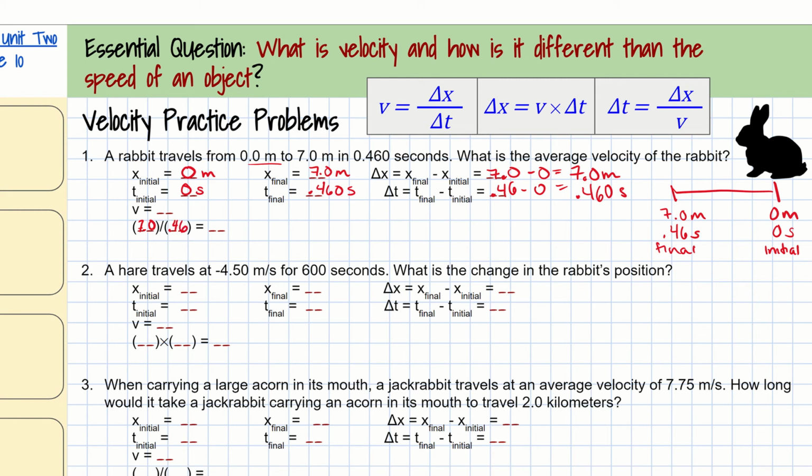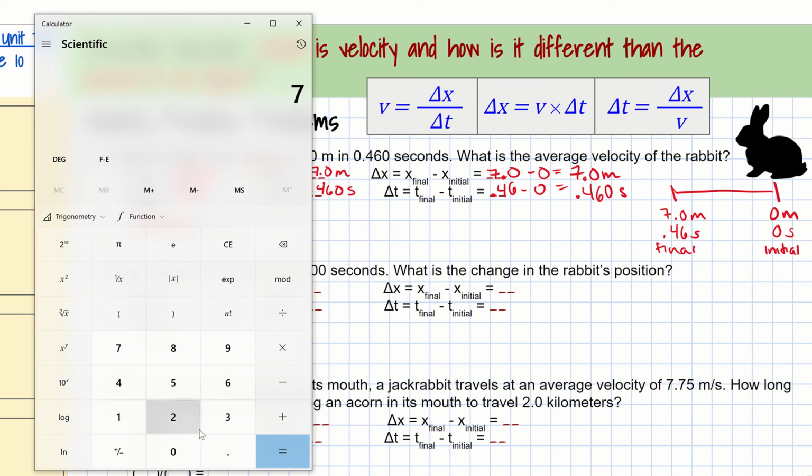When I take 7.0 divided by 0.46 on the calculator, we get a lot of decimal places, but in science, everything is a measured value, so it looks like we have 2 to 3 sig figs.